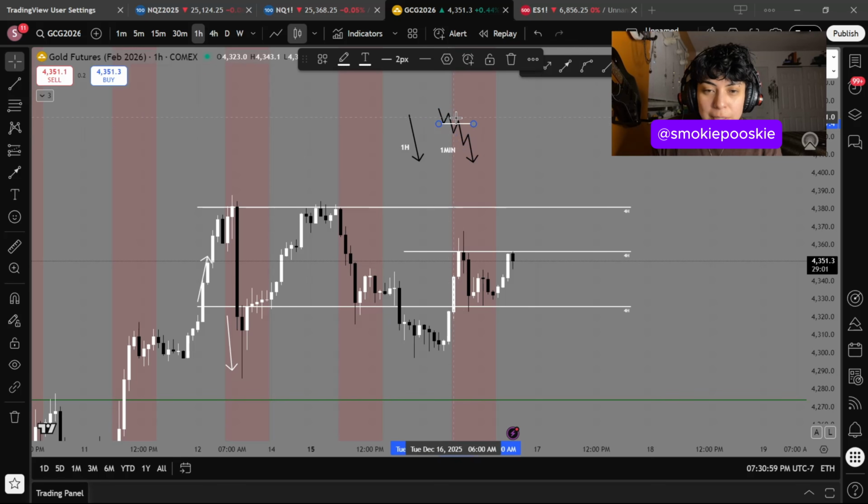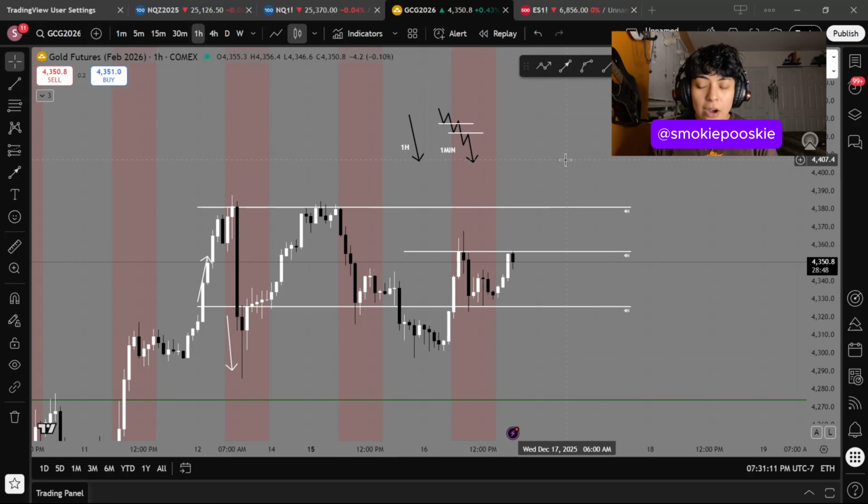It didn't break that swing high and continued to be bearish. It continued to break that other swing low. So it's building bearish market structure on the 1 minute time frame and on the 5 minute time frame, whichever one you like better. But the concept is there.